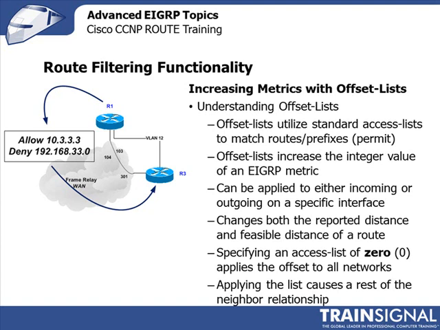They can be applied to either incoming or outgoing networks on specific interfaces. Ultimately when you do that, you change the metric, both the reported distance and the feasible distance. So you can see where this could be particularly useful. If you use an access list of 0, for example, it means that it will match all networks. And applying the list for offsets will reset the neighbor relationship as well, so keep that in mind.